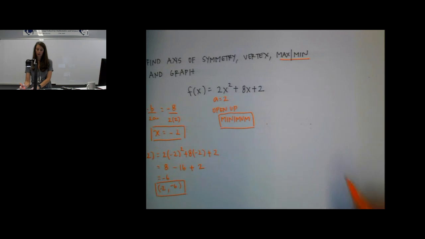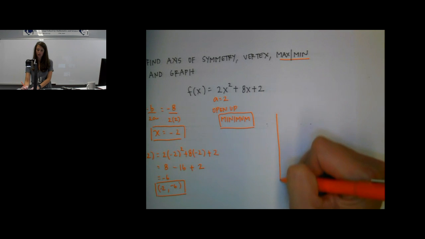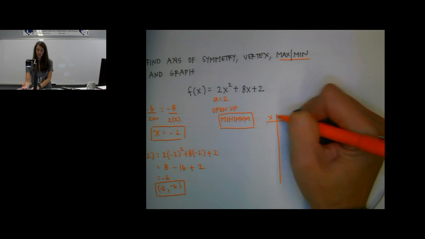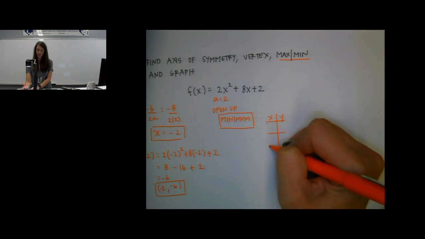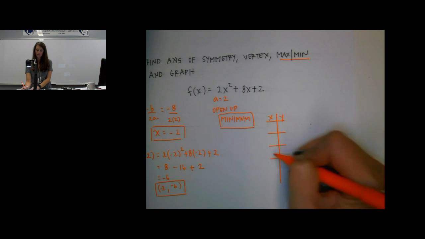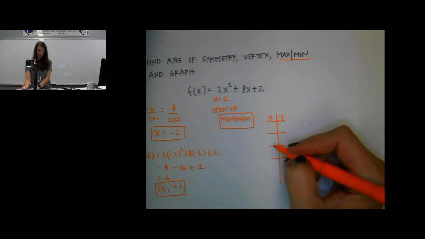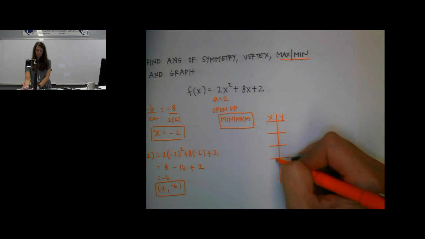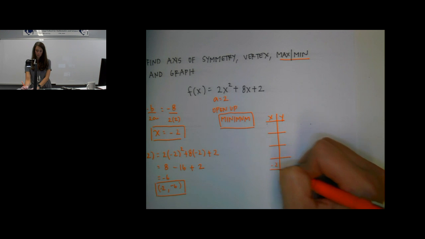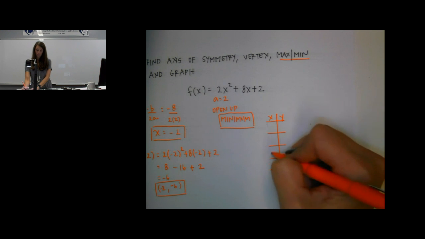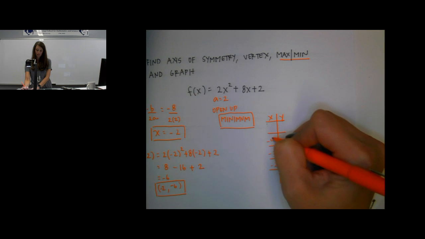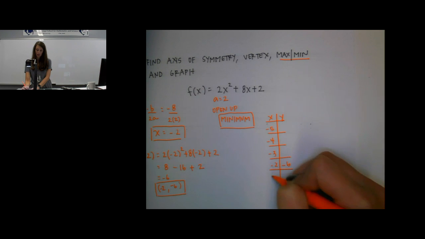All right, so now I want to graph. I'm going to choose some x values and I'm going to find some y values. But to choose my x values, I'm going to start where? At negative 2 in the middle. And then I'm going to move to the left and to the right.